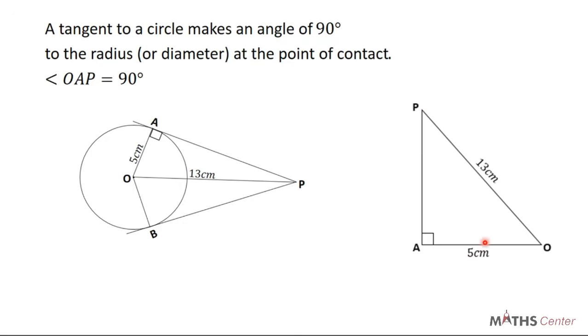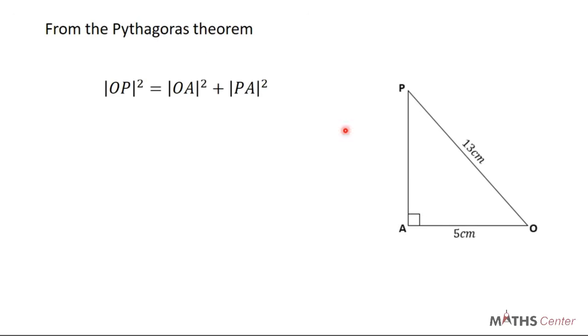So with this, we can use the Pythagoras theorem to find PA or AP. From the Pythagoras theorem, we know that the square of the hypotenuse is equal to the sum of the squares of the other two sides. So OP squared is equal to OA squared plus PA squared.